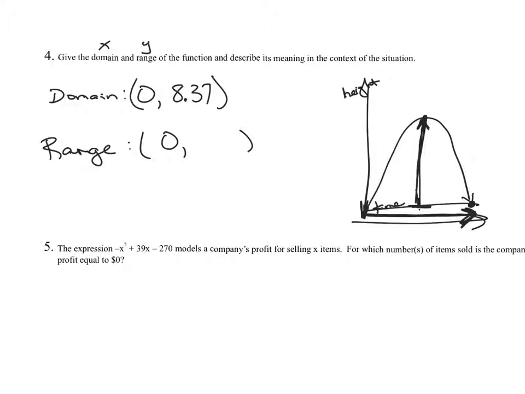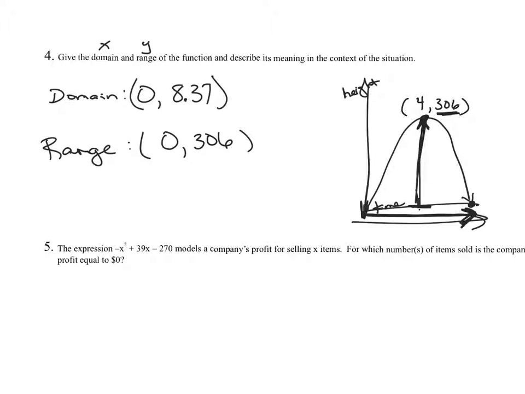This is where we want to look at our vertex. Okay, so the height that we found for our vertex, if you remember, our vertex was 4 and 306. Okay, so 306 is how high it went, so it's 0 and 306.